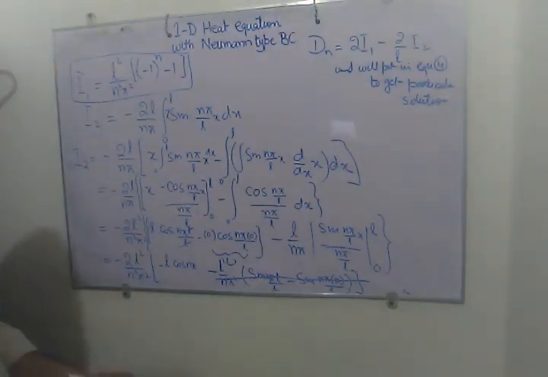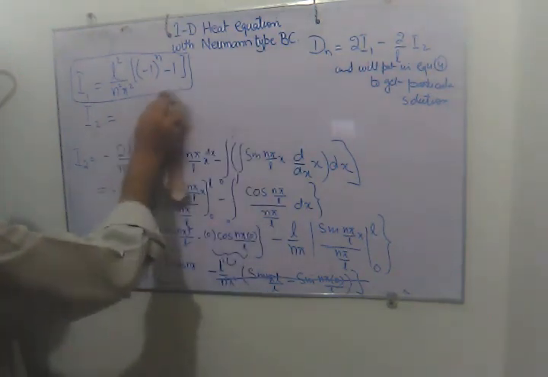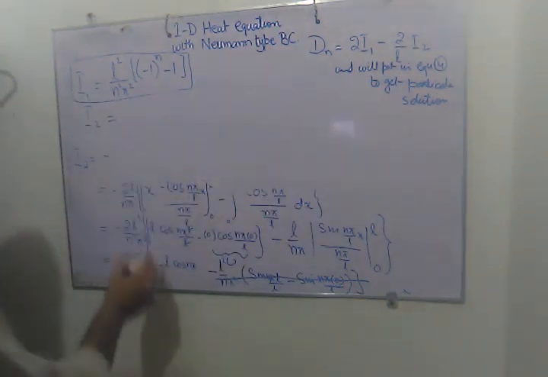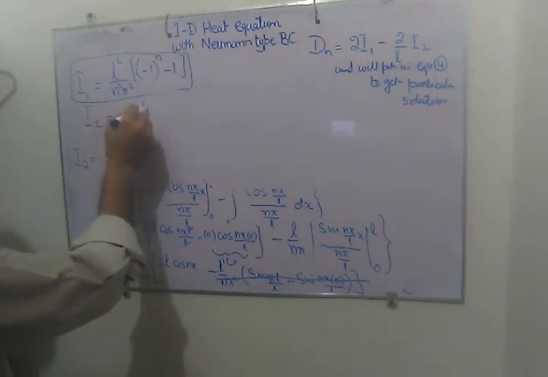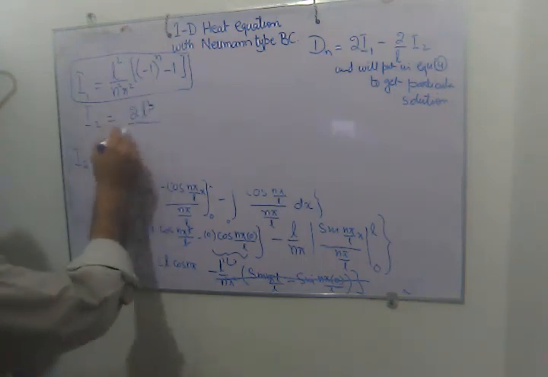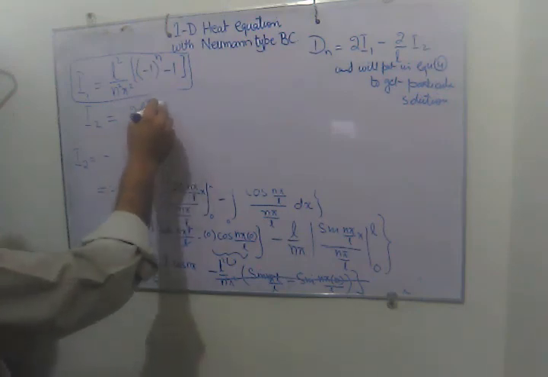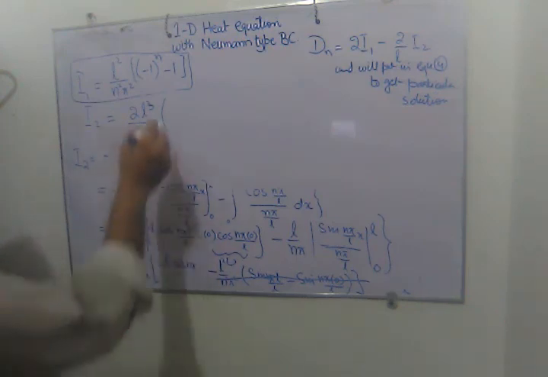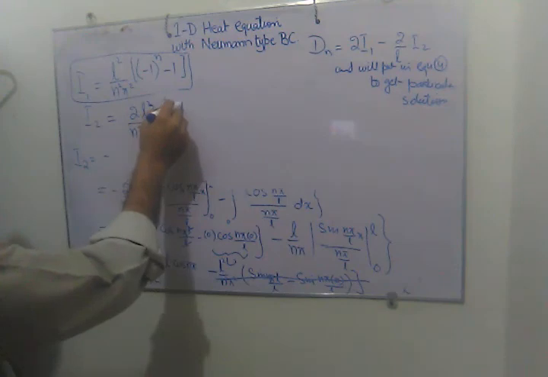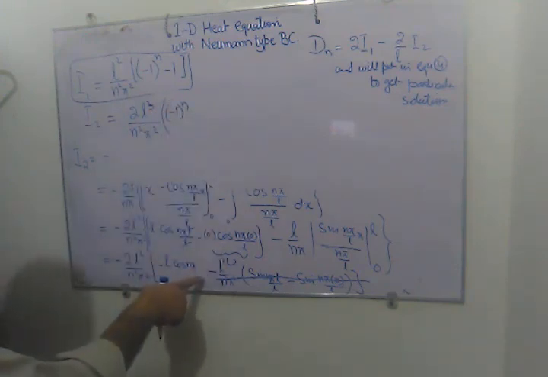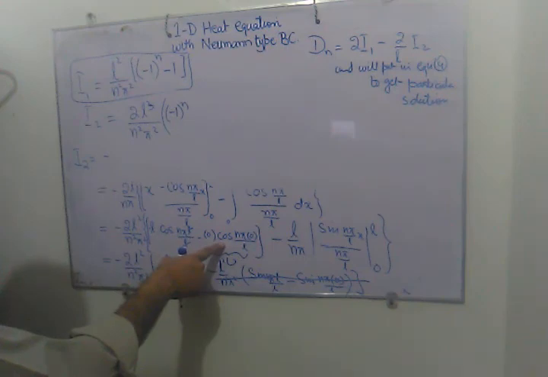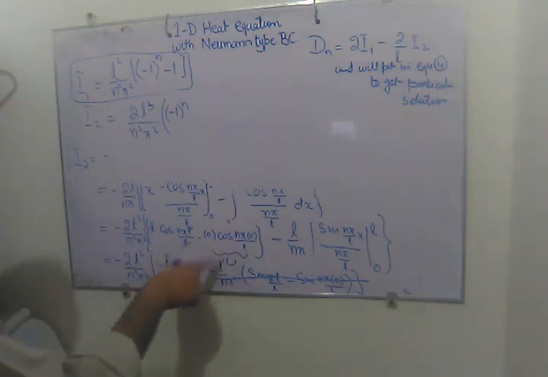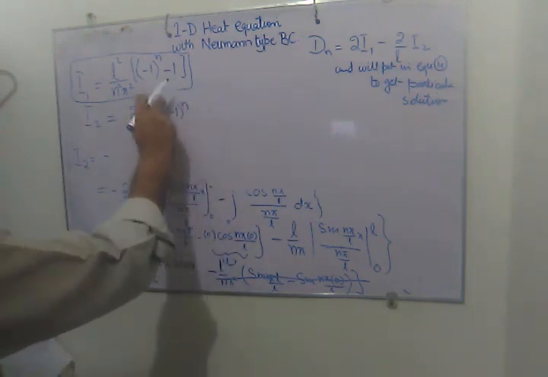So what we are remaining with is, for the I2, minus minus plus, so we have 2L cube upon n square pi square into minus 1 raised to the power n, and here we did not write this term, and we do not write it because of the 0, this whole becomes 0, so we have only remaining this term.